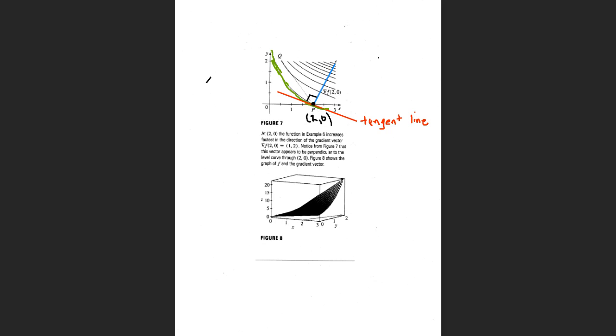Because it's orthogonal, we can say that the gradient vector appears to be perpendicular to the level curve as well at the point (2, 0).